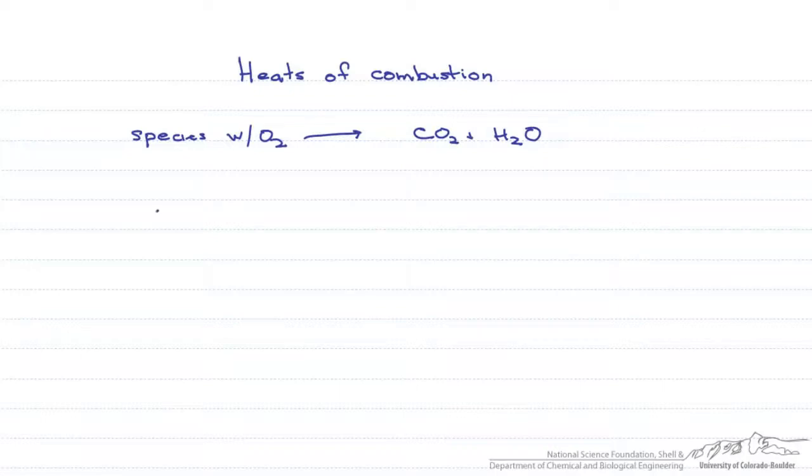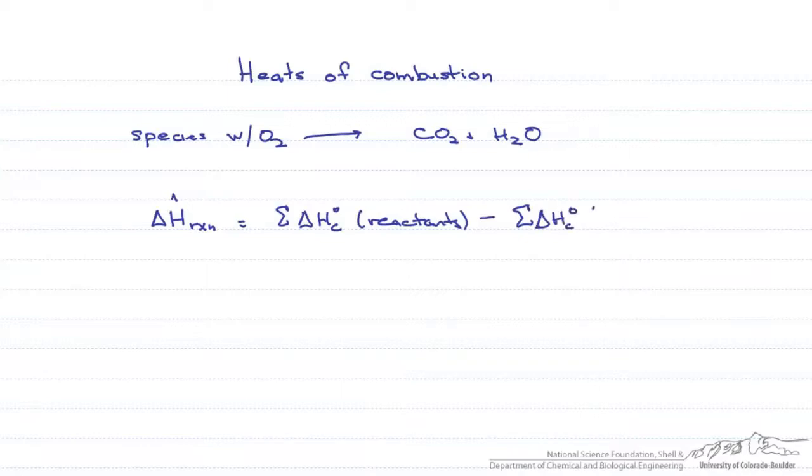In order to use the heats of combustion to find this heat of reaction, we take the sum of the heats of combustion at standard state of all of the reactants, and we subtract from that the sum of the heats of combustion at standard state of the products.